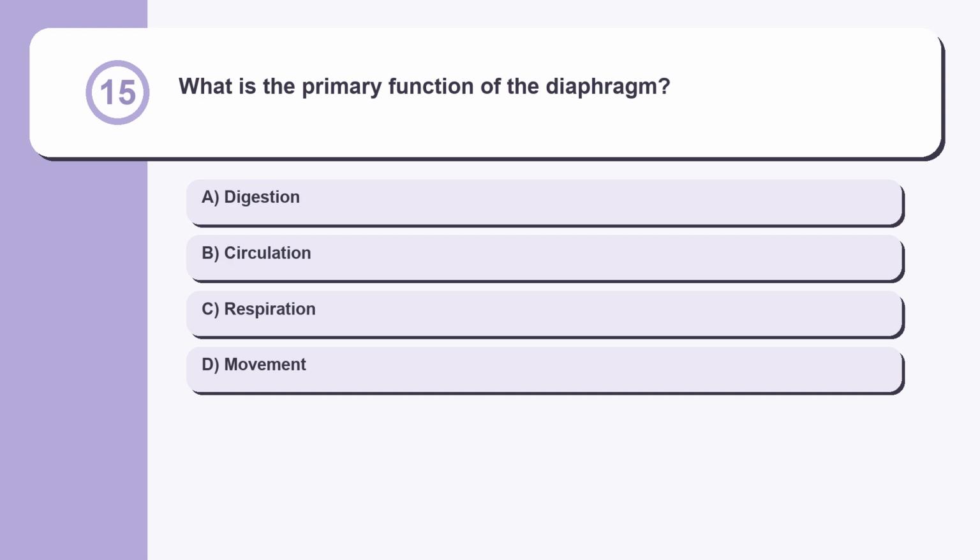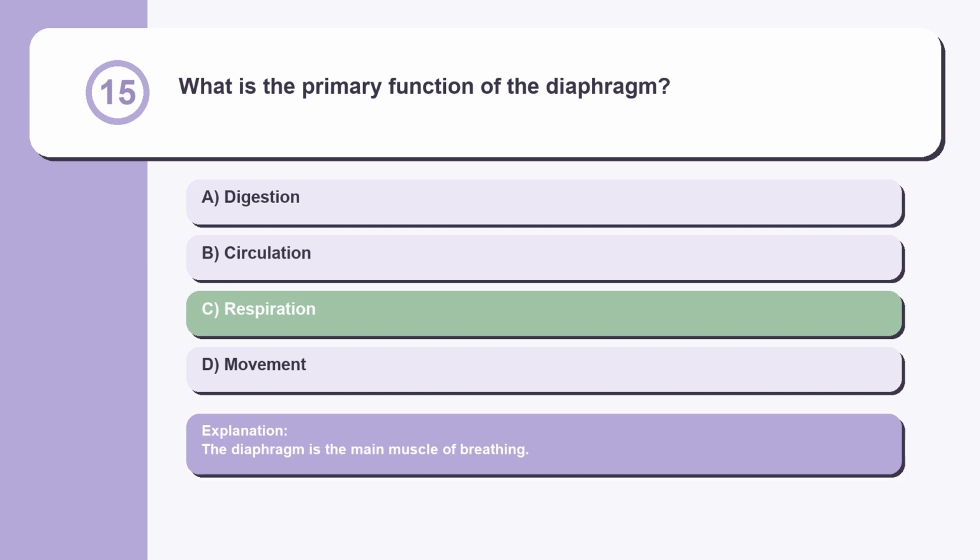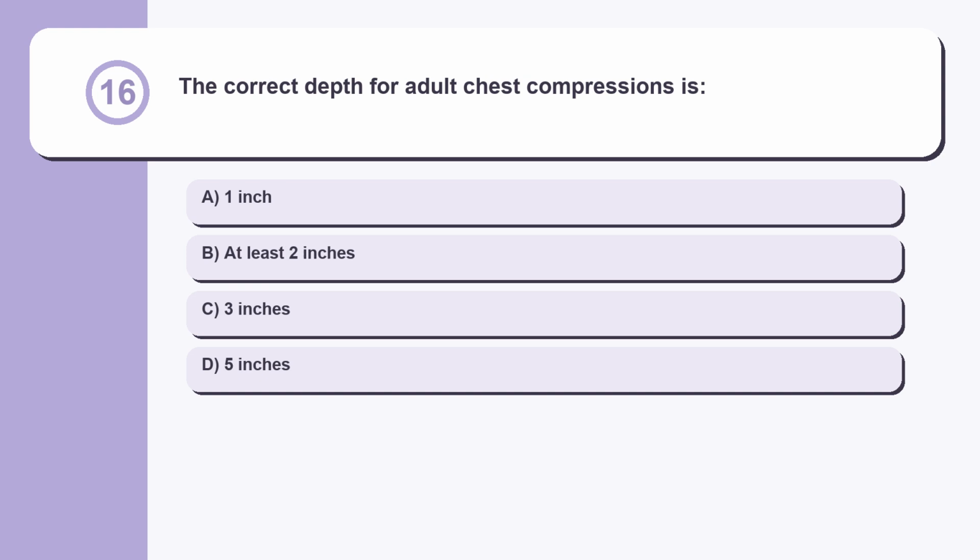Question 15. What is the primary function of the diaphragm? Digestion, circulation, respiration, movement. The diaphragm is the main muscle of breathing. Question 16. The correct depth for adult chest compressions is: 1 inch, at least 2 inches, 3 inches, 5 inches.